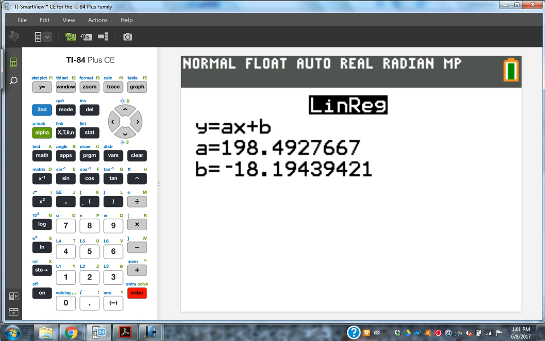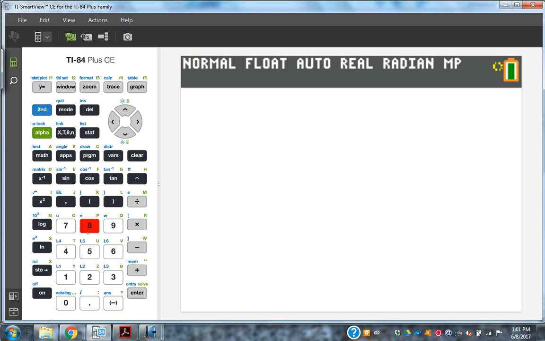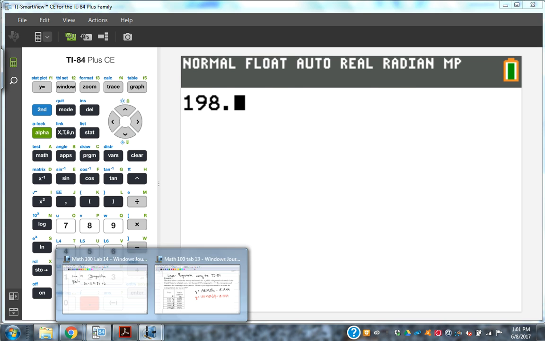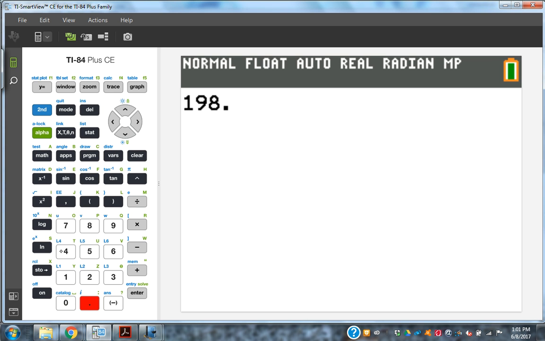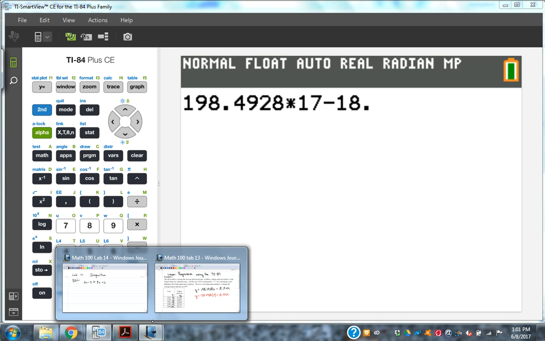I'm going to use the calculator to help me do that. 198.4928 times 17. Oops, not plus, but minus 18.1944.